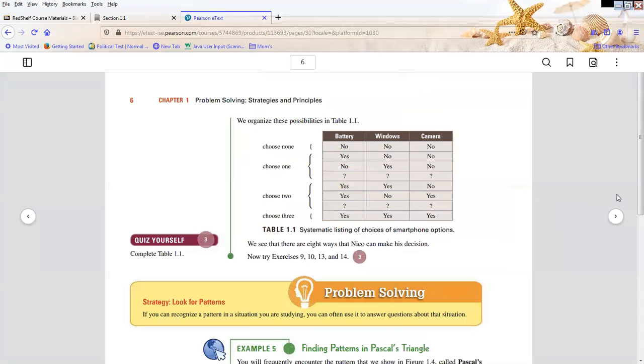So we have to make a list of all potential choices, all possible outcomes. So one is none, right? Then we have the options of choosing one. So we have chosen the battery. In row 2, we've chosen the windows. In row 3, we'll choose the camera in row 4.